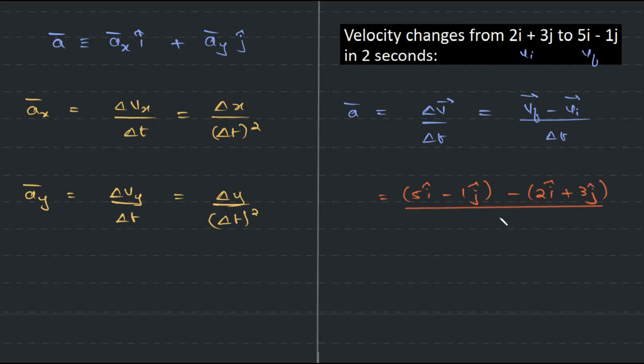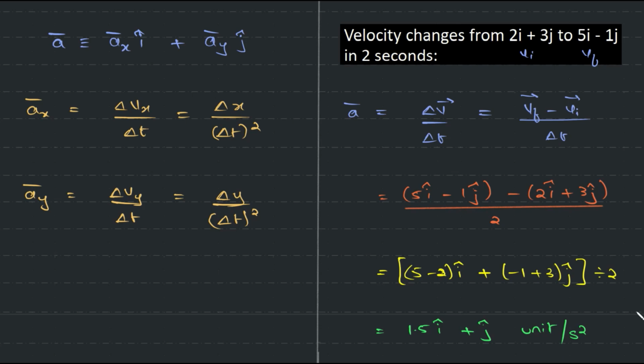This entire thing divided by 2. And so this would be 5 minus 2 I cap. I'll just write a plus over here, minus 1 plus 3 j cap. This entire thing divided by 2. So this is 3 by 2, 1.5 j cap. Then we have plus 1 I cap. So many units per second square. Okay, so that is your example.